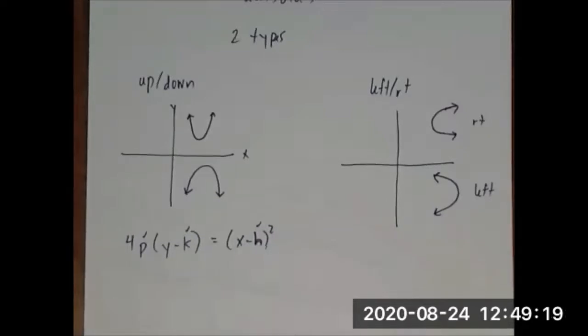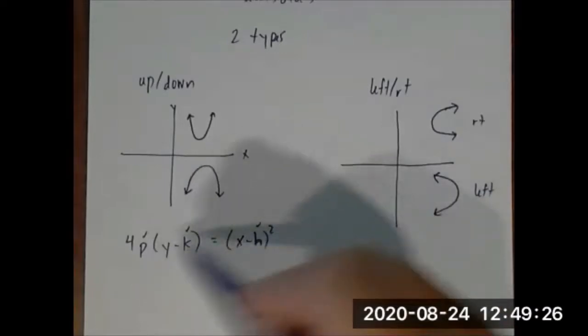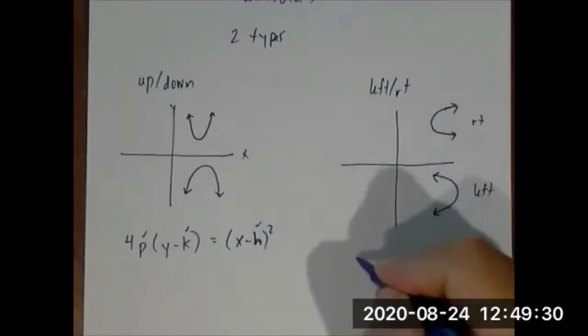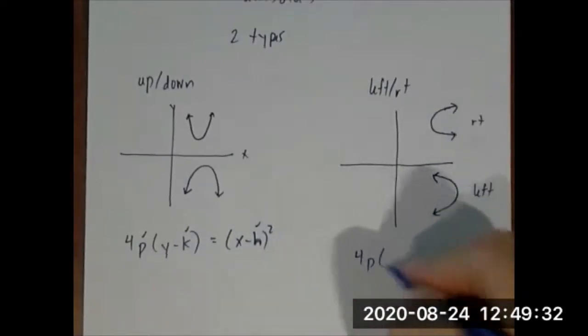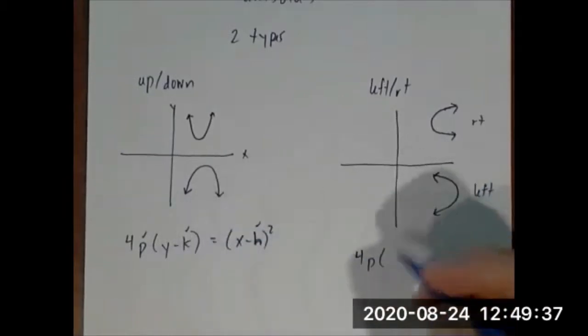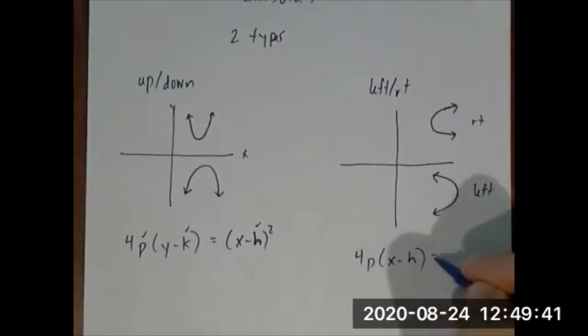Now what's interesting is for left and right, the standard equation looks very similar, except the stuff inside the parentheses is swapped. In other words, for left and right, I also have 4p, but inside the parentheses, instead of y minus k, I have x minus h.